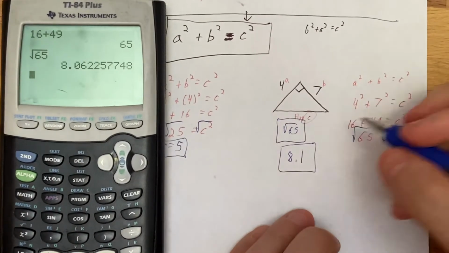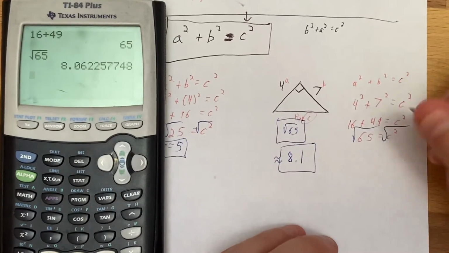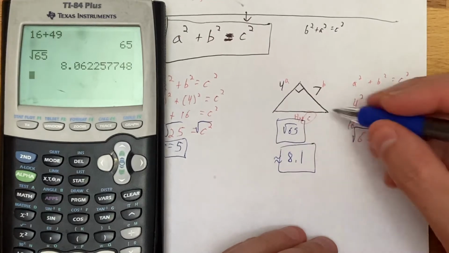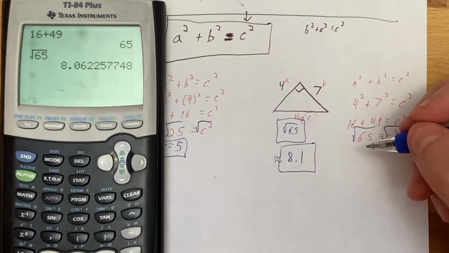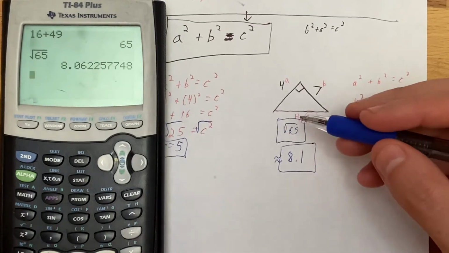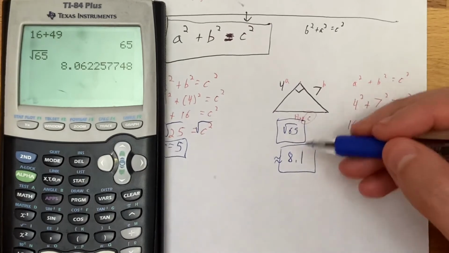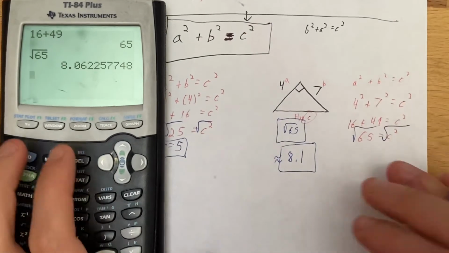Once again, that is an approximation. It's approximately 8.1, but one of those answers would be it, just depending on what the question says. It'll either say, give it as a radical, estimate it to 1 decimal point, or if they don't say, chances are either one is fine.